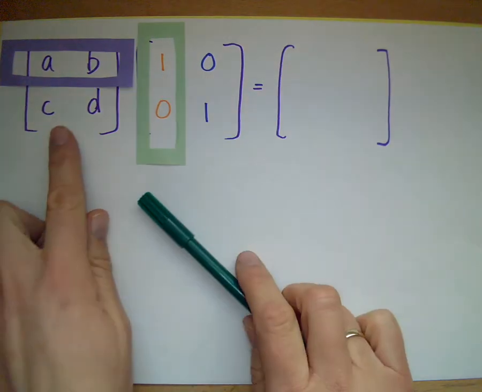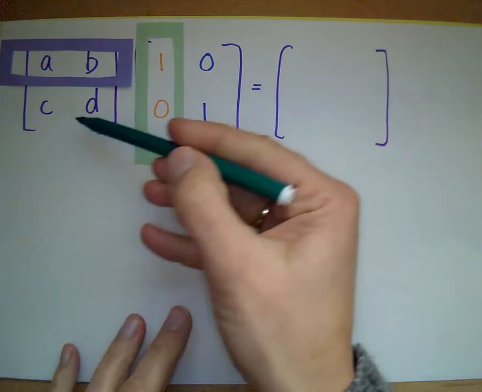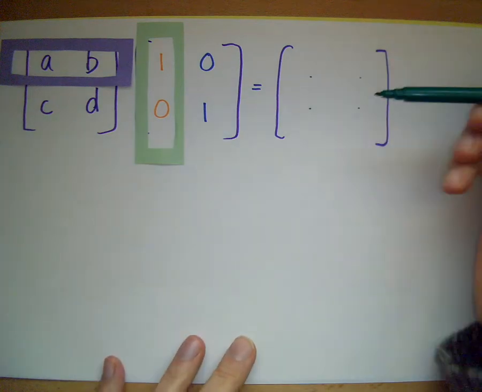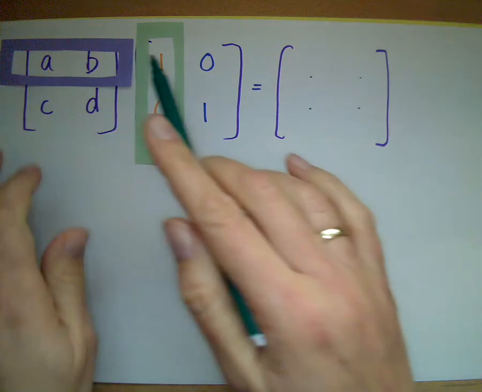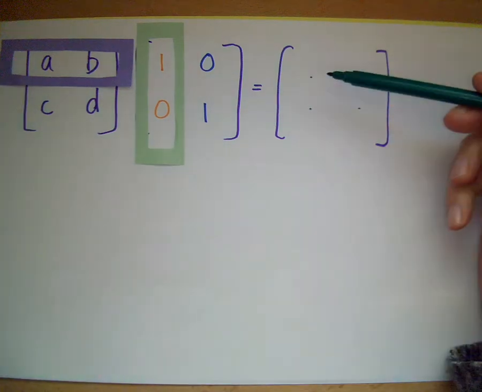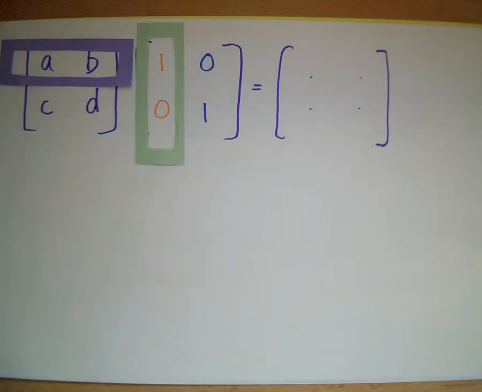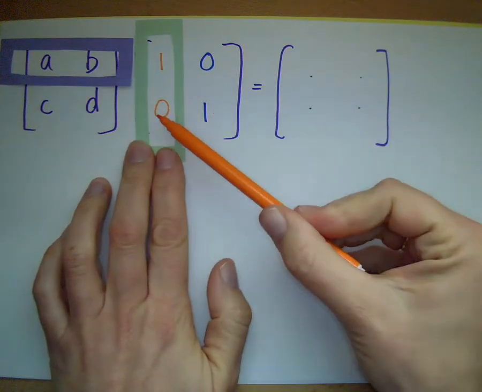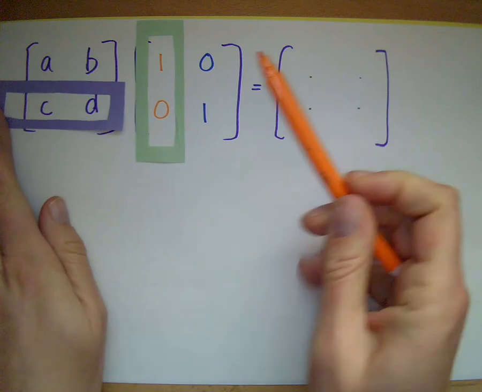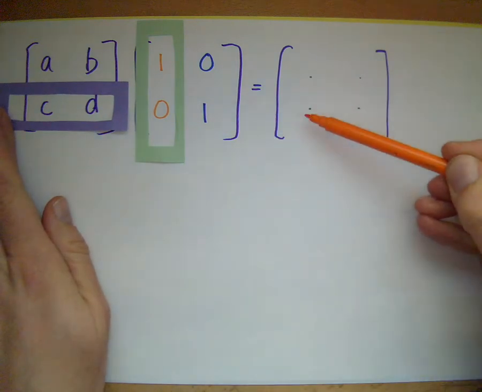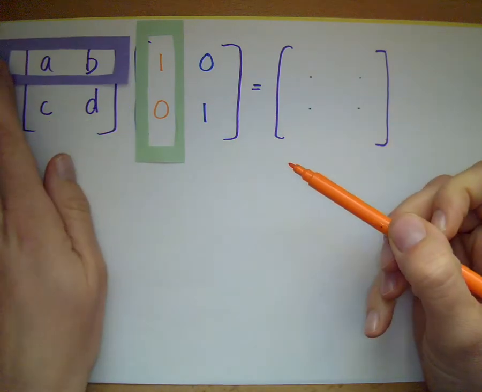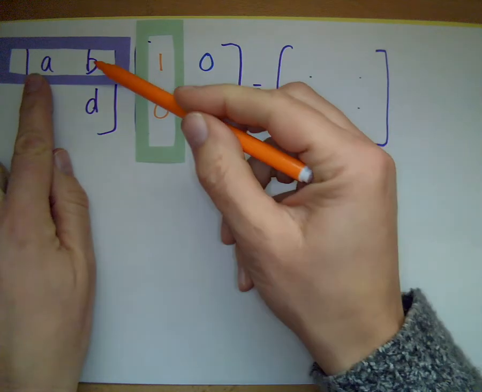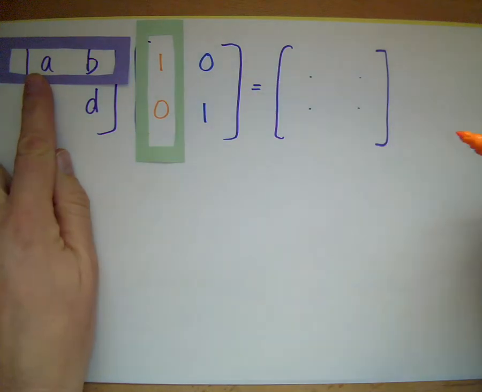This is a 2 by 2, this is a 2 by 2, so we're going to have 2 rows and 2 columns in our answer, right? So 4 numbers. We're going to get this column. We multiply first row by first column, and then second row by first column, to get these first 2 numbers. A times 1 is A, B times 0 is nothing.